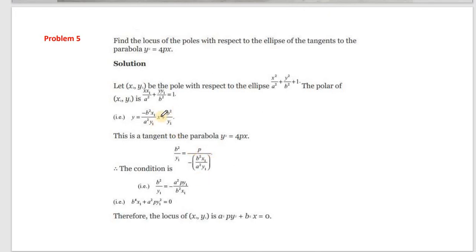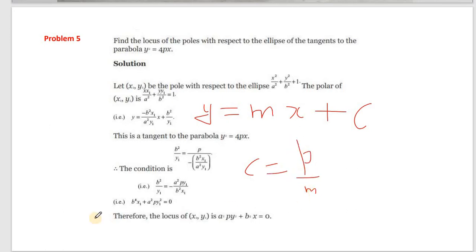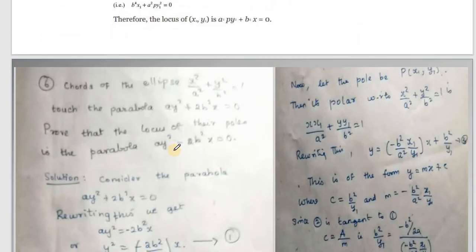So you know what c is from this. Rewriting that in the form y is equal to mx plus c, we know what m is, and of course what c also is. So substituting c is equal to p by m, and then dropping the suffix, we get the locus. So that is the fifth one.